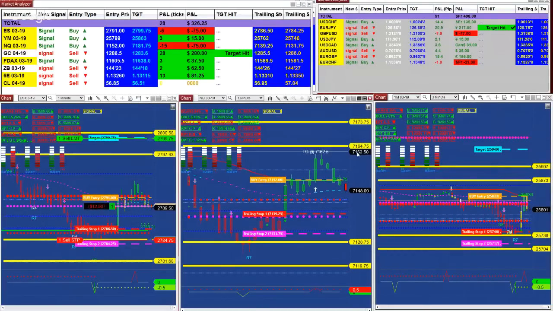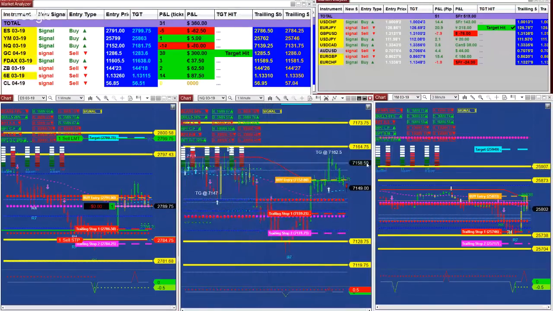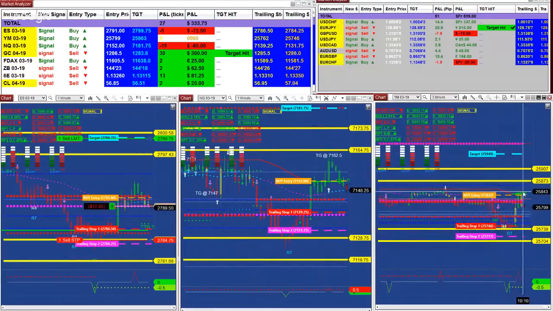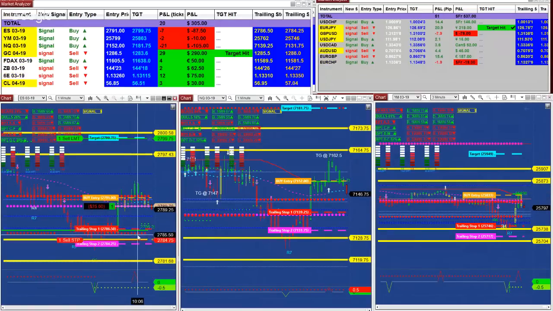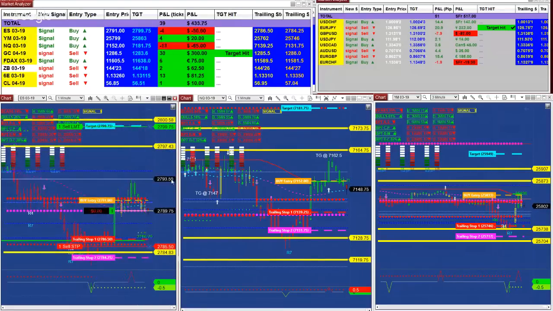For the Nasdaq, there is nothing we can do right now, and we will wait on the YM. The YM is still on that entry at the moment, 25,843 as a limited order. We will see what will happen on those.